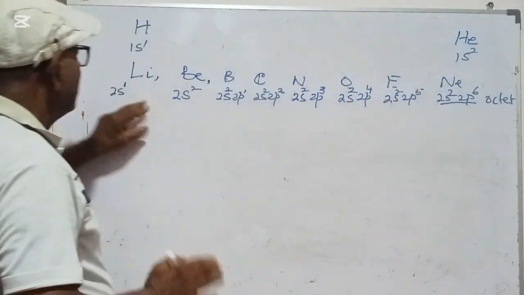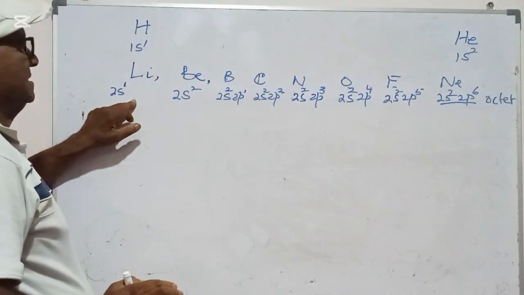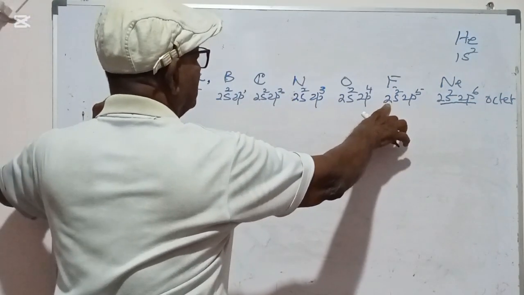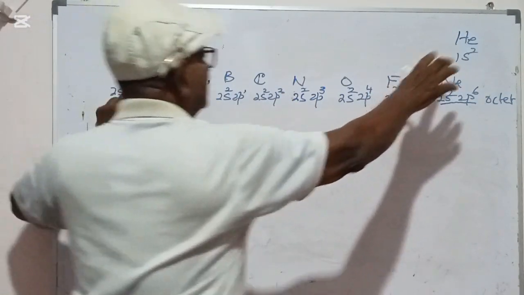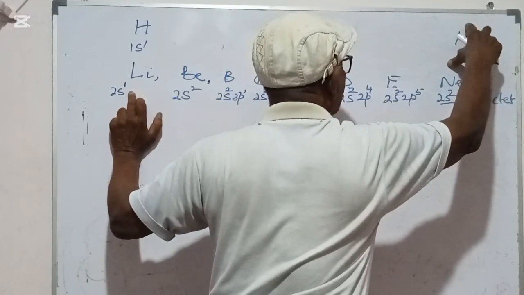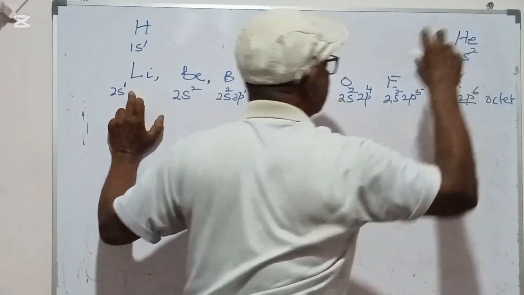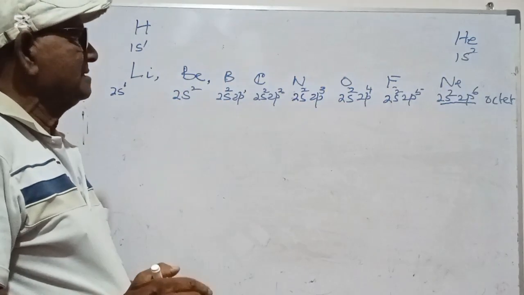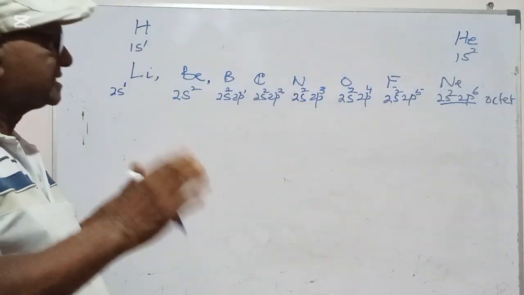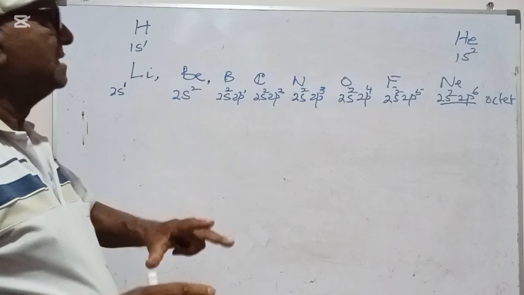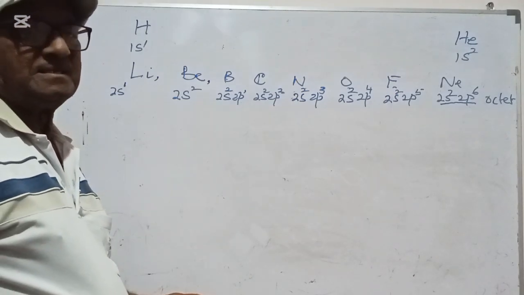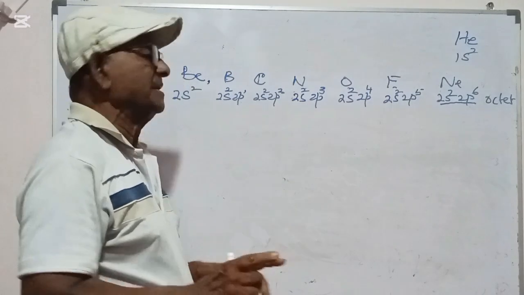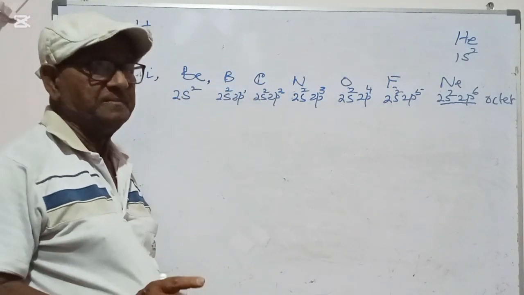All the other elements, from lithium to fluorine, are not stable, because they do not have the helium configuration or the neon configuration. Then they try to obtain the nearest stable gas configuration, right? The nearest stable gas configuration, to be stable.